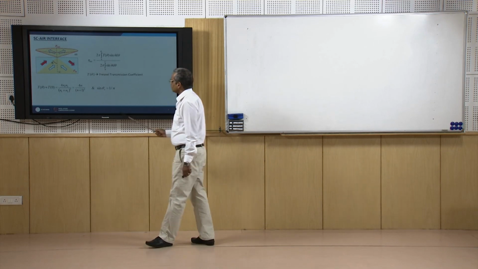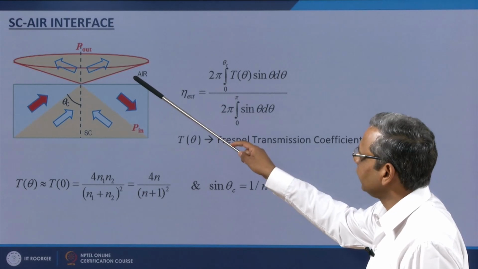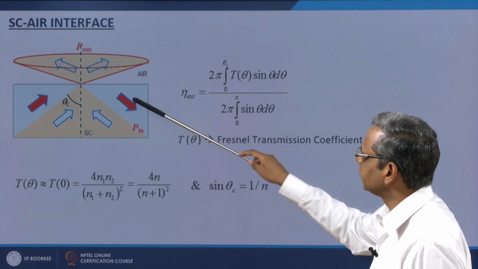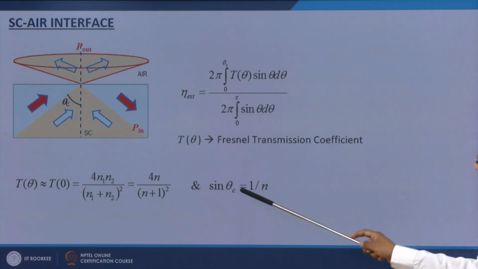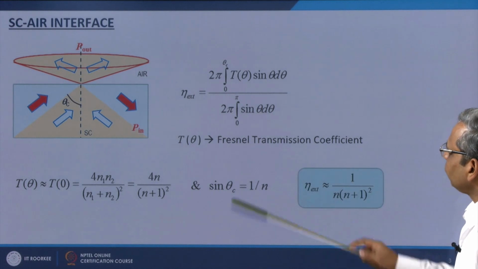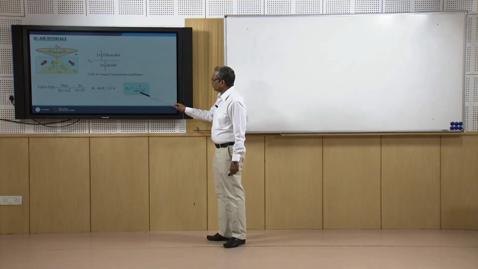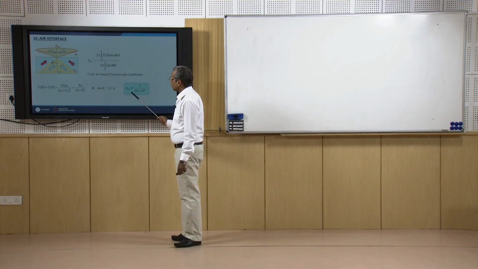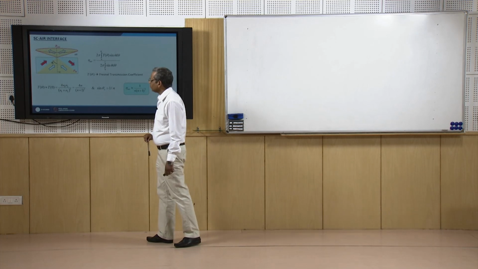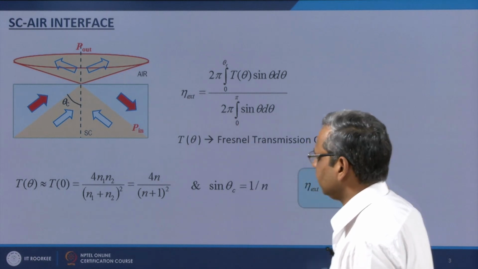Also, I use the fact that sin theta c is n2 over n1, where n2 is 1 and n1 is n, so sin theta c is 1 over n. If I use this also and simplify, then eta external can be approximated by 1 over n times (n plus 1) squared. This fraction is purely due to index contrast between the semiconductor material and air.